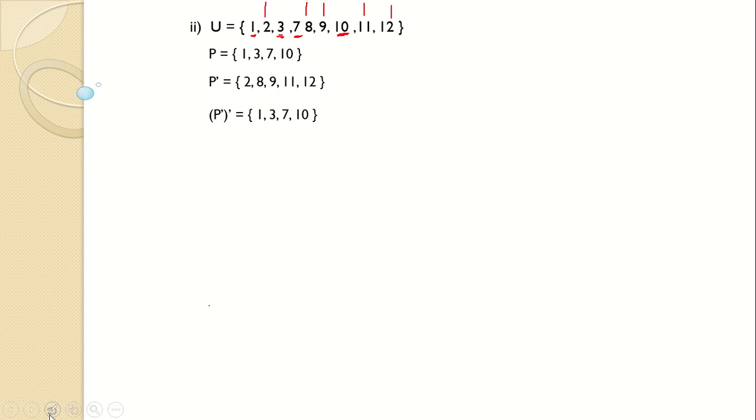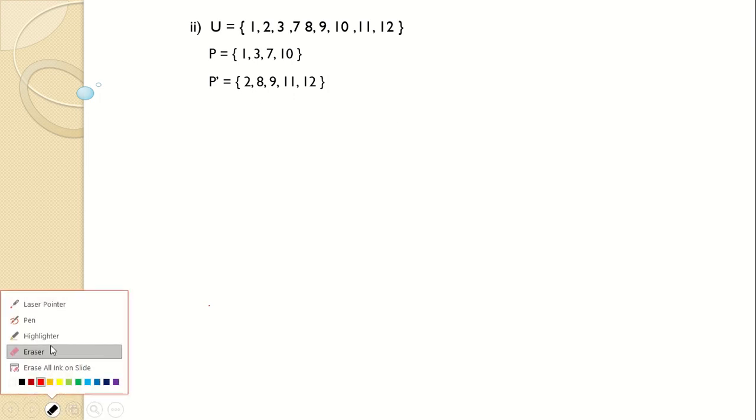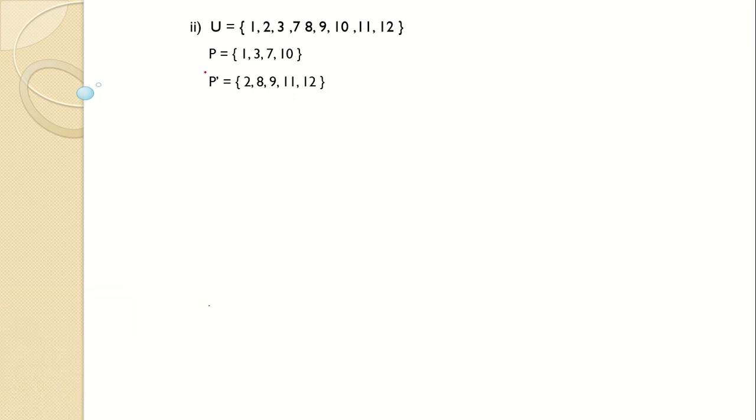Now if you have to find out the complement of that, now erase this off. Now I have got P complement. This set is my P complement.